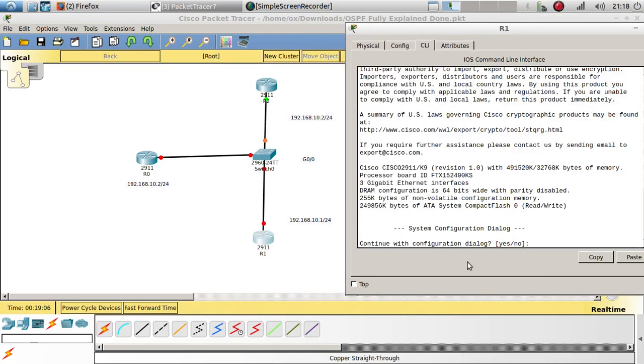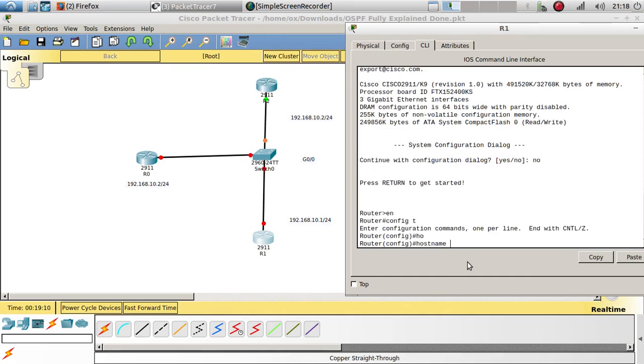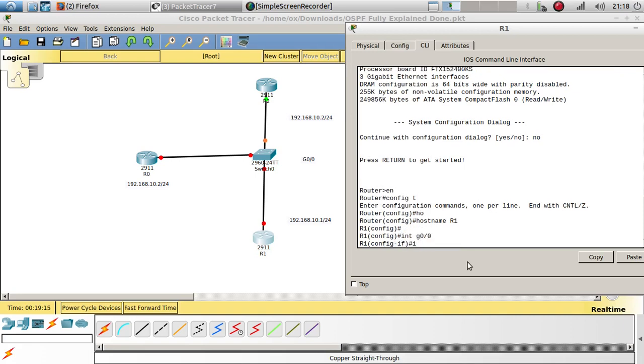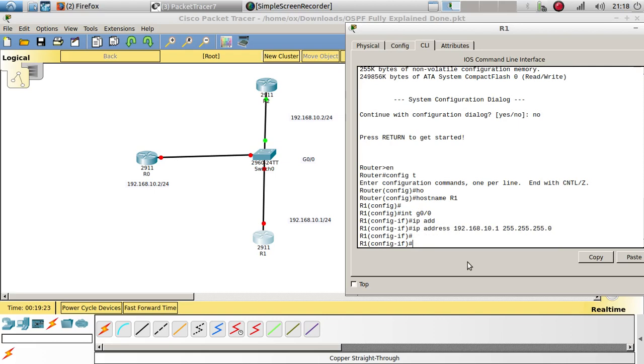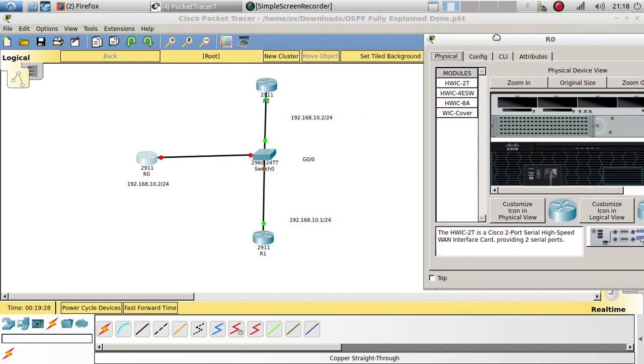We're not going to configure OSPF yet. Let's give it a host name first of R1. Go to interface gigabit 0/0. Give it its IP address. No shutdown. Let's go ahead to R0.